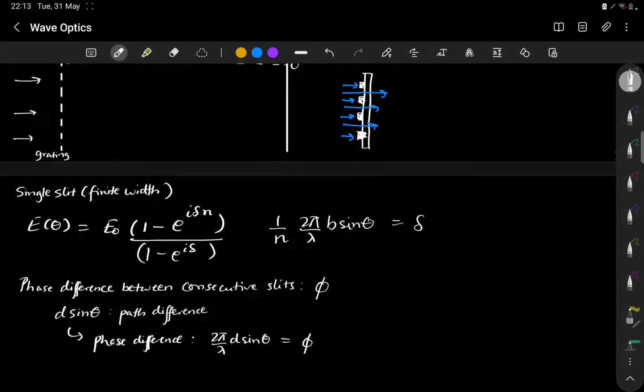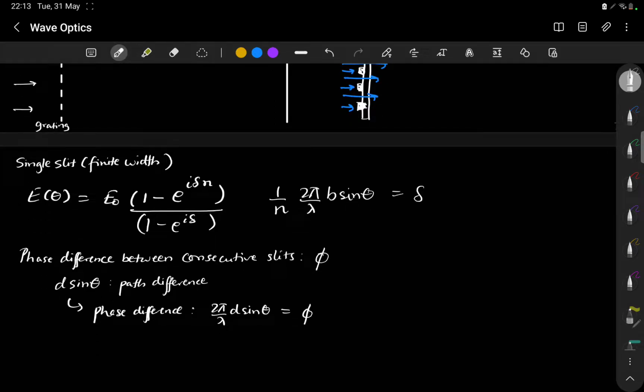So this comes from the double slit. So we are using both the concepts over here. We are using single slit, and we are also using the concept of double slit.